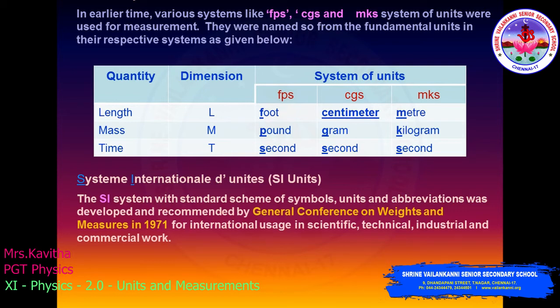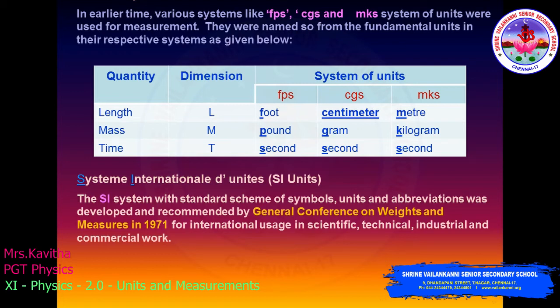So FPS, CGS, MKS are the systems for the quantities length, mass, time, right? Next, SI units, the abbreviation of which stands for the International System of Units. SI comes from Système International d'Unités, right?